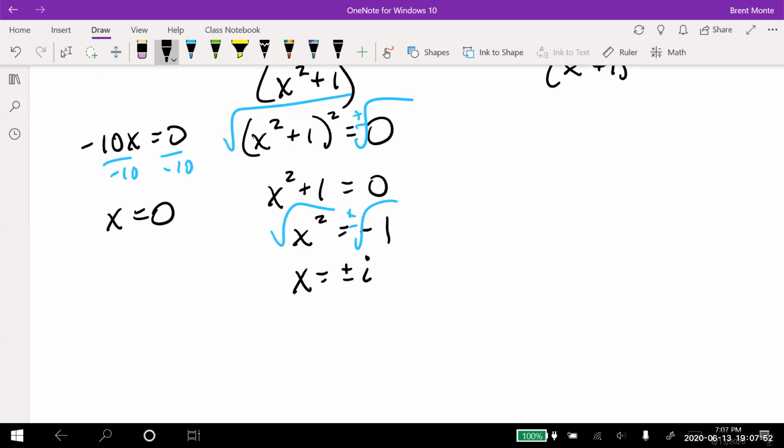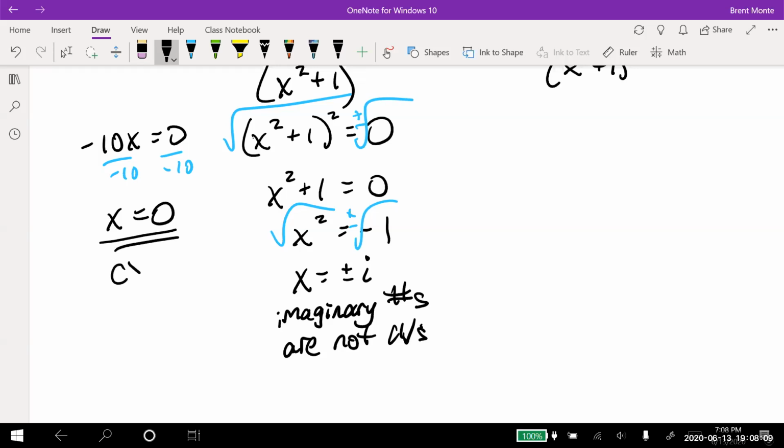It's imaginary. Imaginary numbers are not critical values. We'll just say CVs. So that doesn't give us a critical value. The only critical value I have over here is 0. So I have one of them.